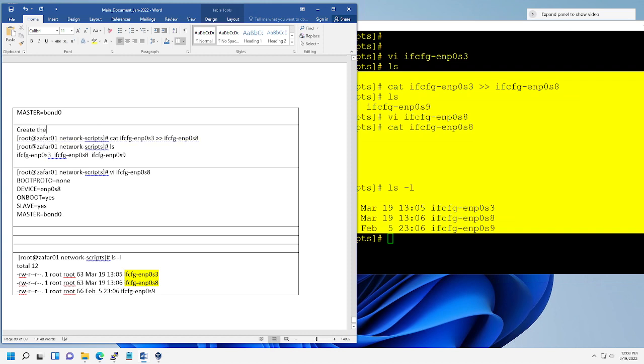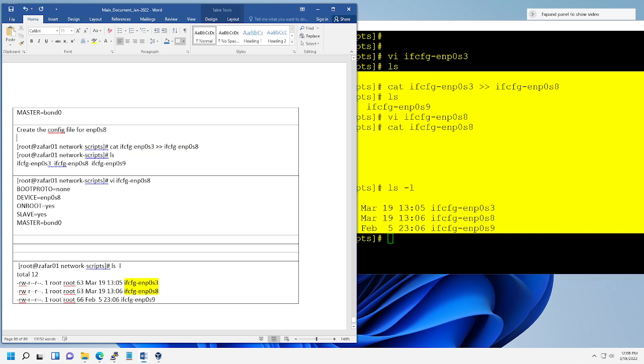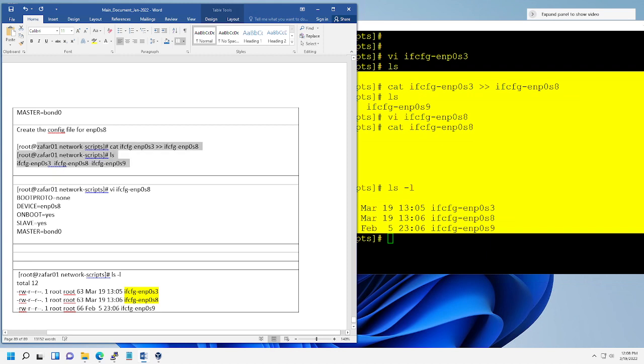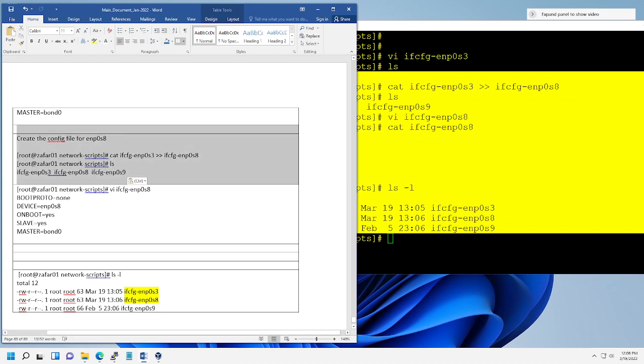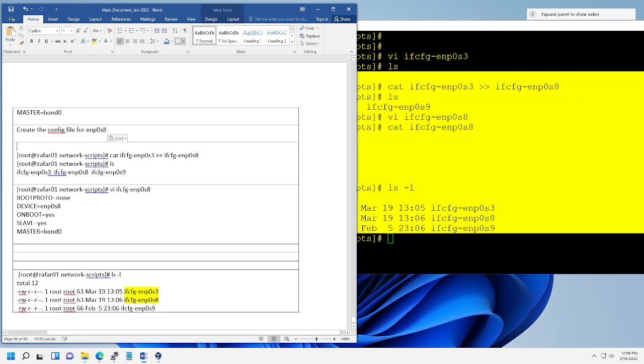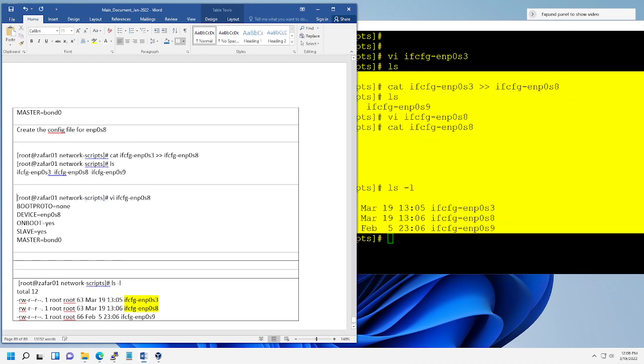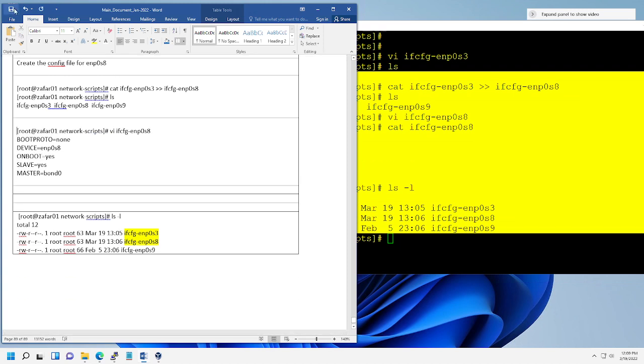Create the config file for ENP0S8. Okay, I'm going to save this.